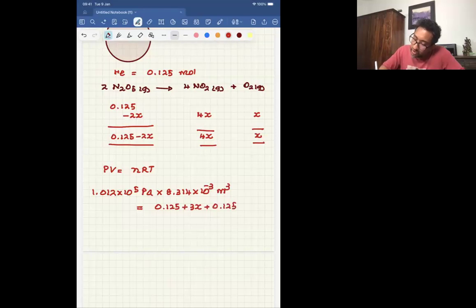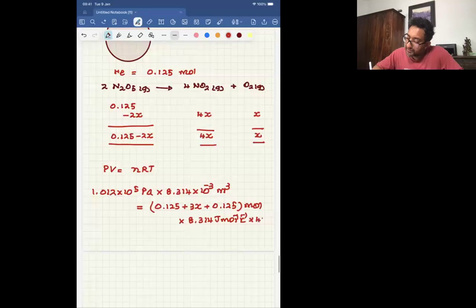Why? Because your inert gas is also there. Now don't forget that. R is 8.314 joules per mole per Kelvin. What is the temperature? Temperature is 400 Kelvin. Okay, so let us simplify this.